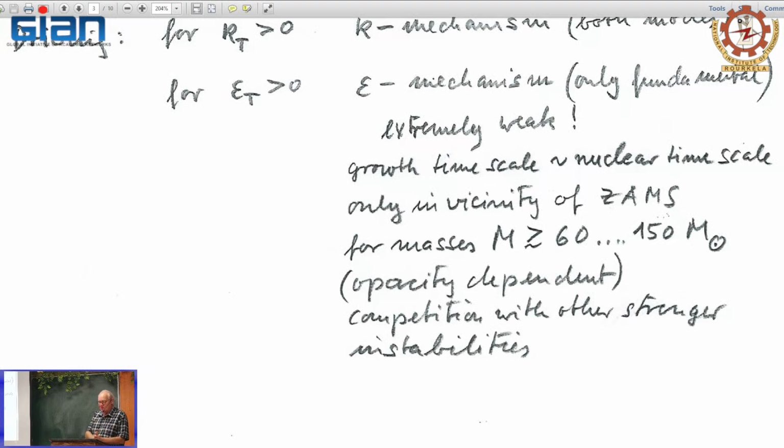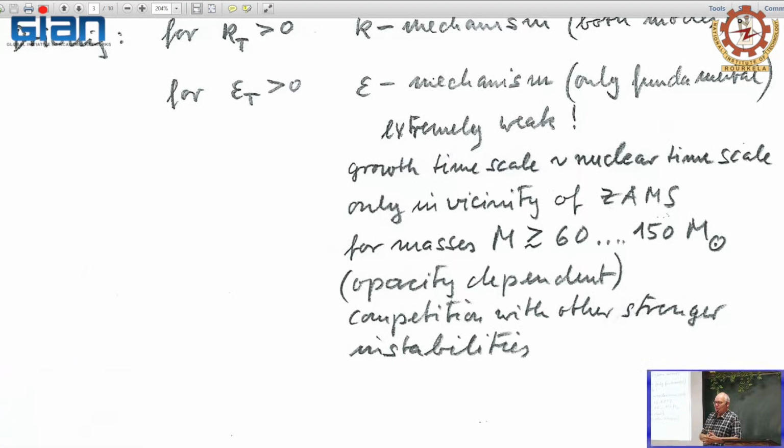And it is restricted to the very vicinity of the zero-age main sequence. Which means, if you compare it to the evolutionary timescale of the star, the time for the star to evolve off the main sequence, or out of the epsilon instability domain, is comparable or even shorter than the time it needs for the instability to grow by a factor of e.